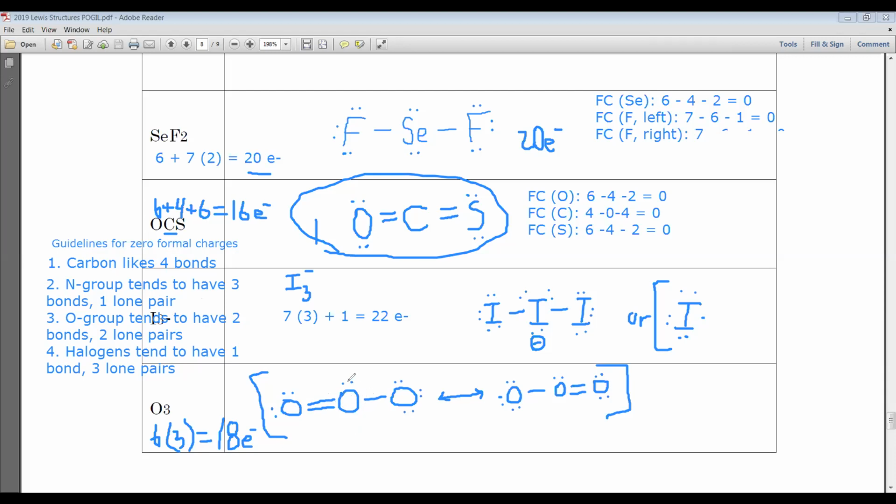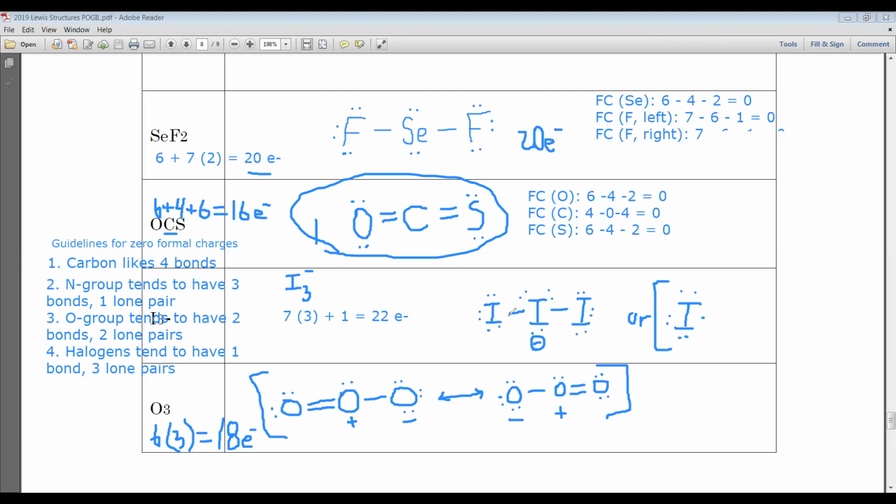So 6 minus 2 minus 3 would give it a positive 1. And the one that's single bonded, 6 minus 6 minus 1, would give it a negative 1 charge. And so if we were assigning formal charges, that's what we would end up doing. It doesn't ask us for it there, but if it did, that's how we would approach it.